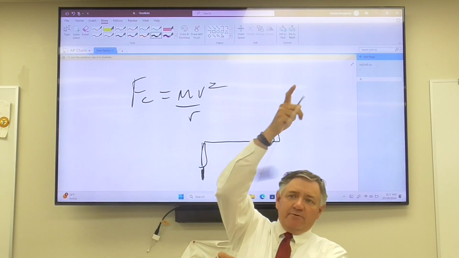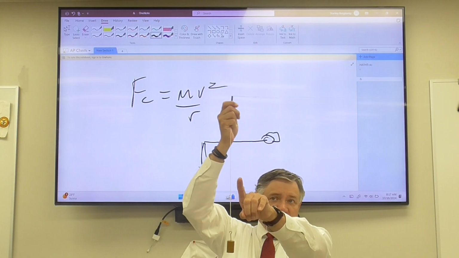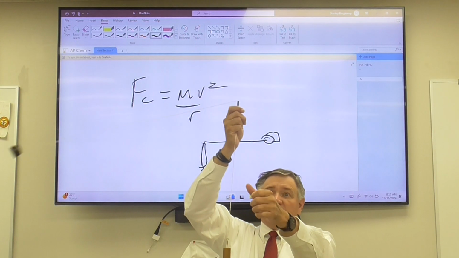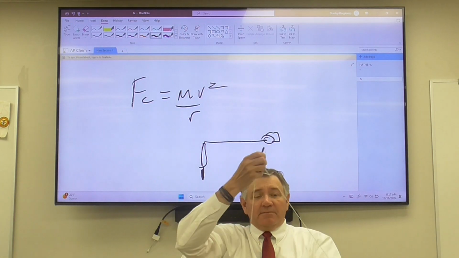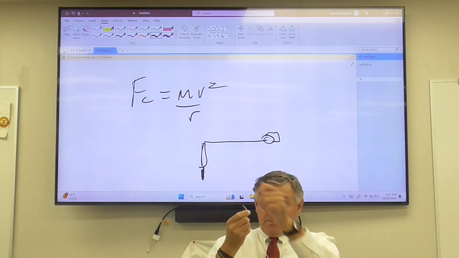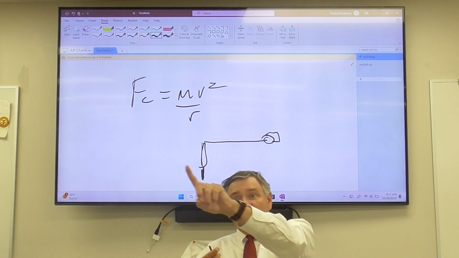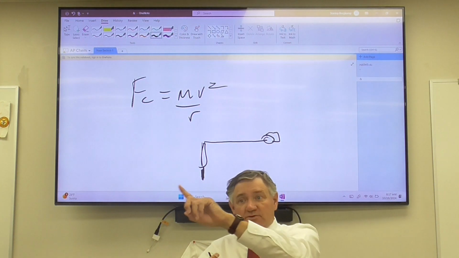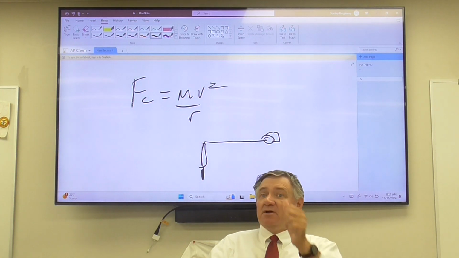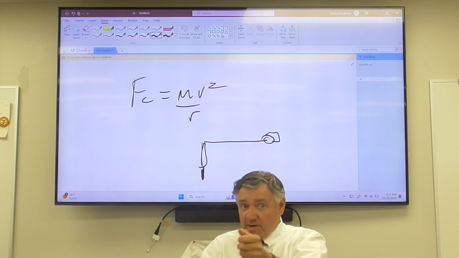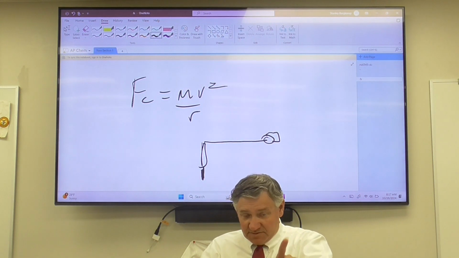If I'm going around like this, I'm going to start it when it crosses the edge of the F equals MA sign. I'm going to start it, but I'm not going to count that. When it gets back, that's going to be 1 revolution. 2, 3, 4, up to 10. So I start it, but then when it gets back, that's the first revolution.